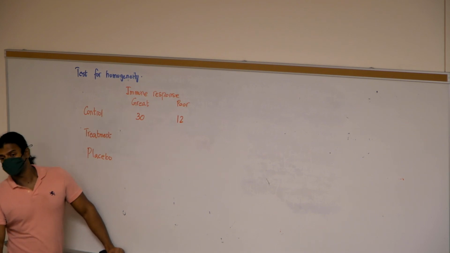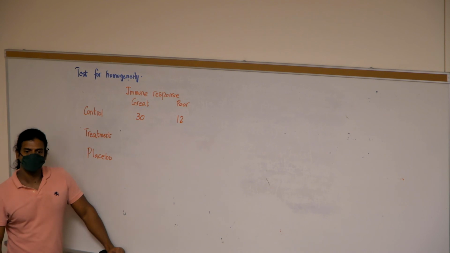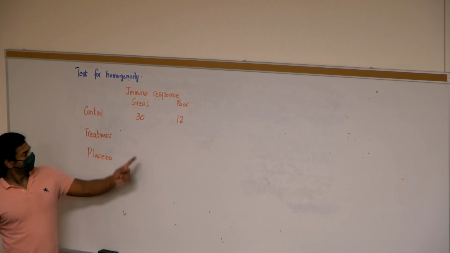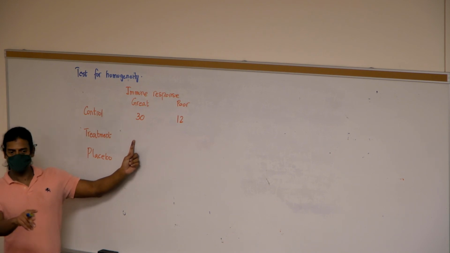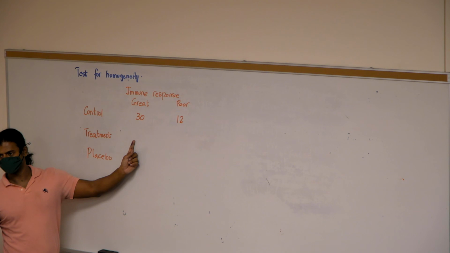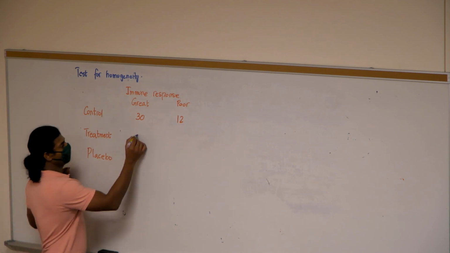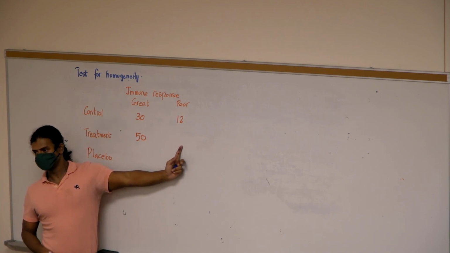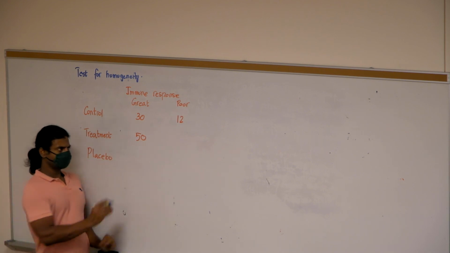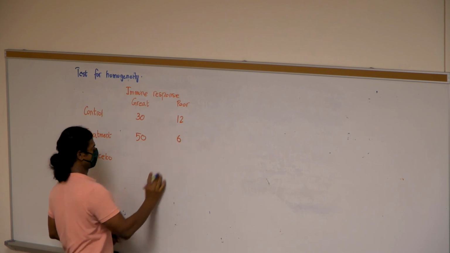What about the treatment? What should you expect if the treatment is actually a great treatment? Should it be bigger or smaller than 30? Bigger, right? Maybe about 50. What should we expect there? Smaller, maybe 6.